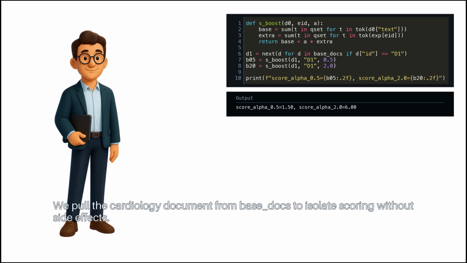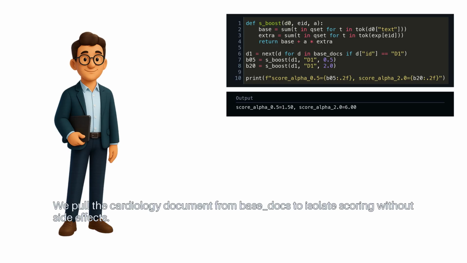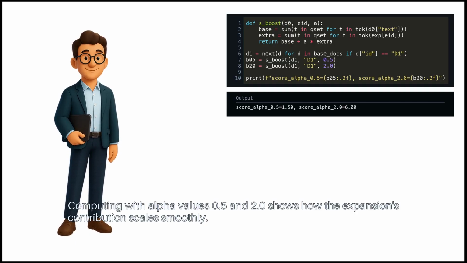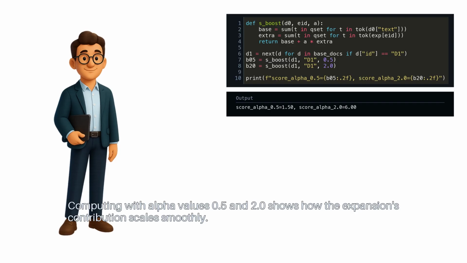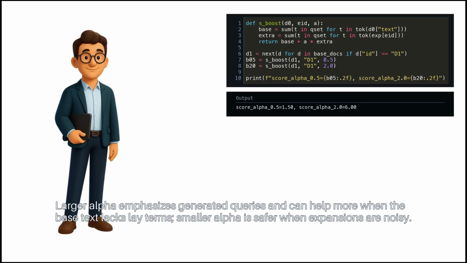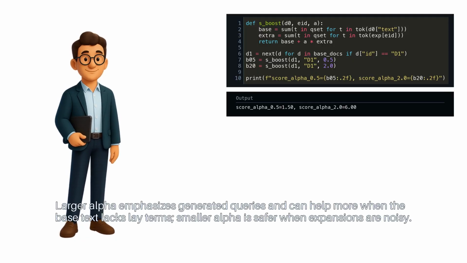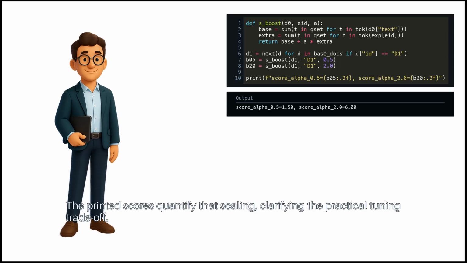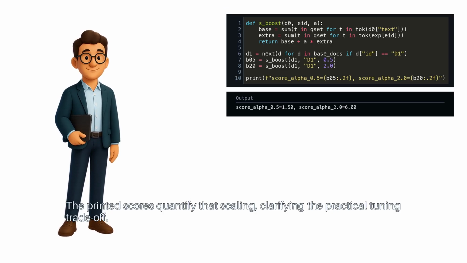We pull the cardiology document from base docs to isolate scoring without side effects. Computing with alpha values 0.5 and 2.0 shows how the expansion's contribution scales smoothly. Larger alpha emphasizes generated queries and can help more when the base text lacks lay terms. Smaller alpha is safer when expansions are noisy. The printed scores quantify that scaling, clarifying the practical tuning trade-off.